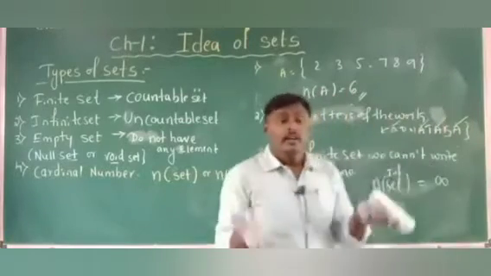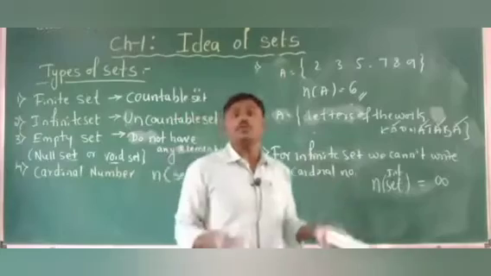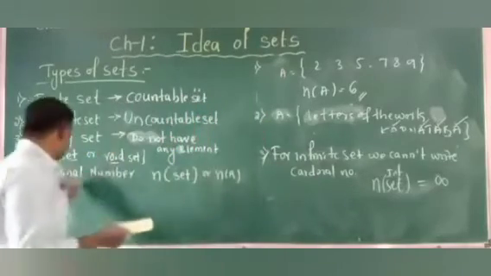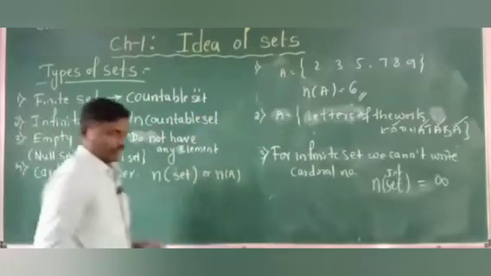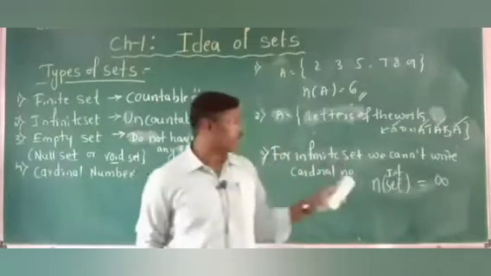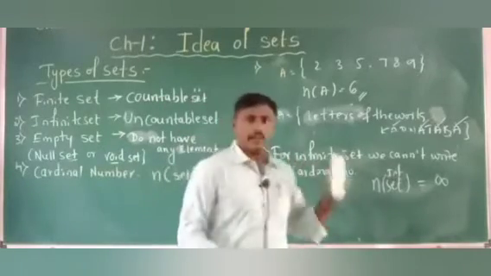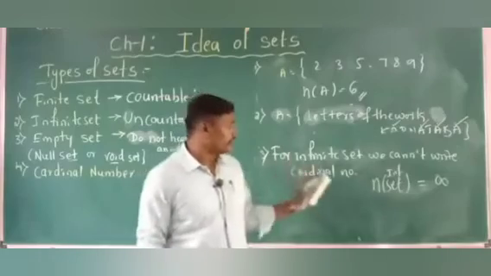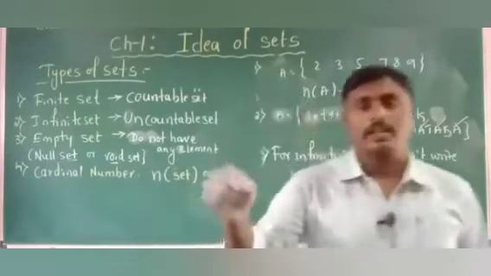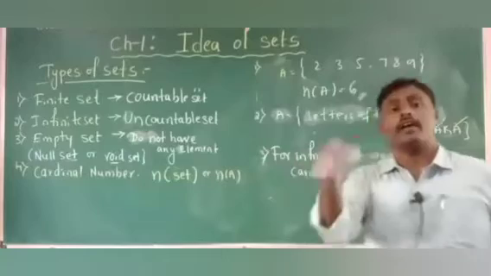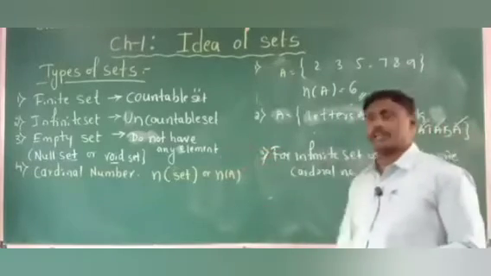Infinity means it is highly impossible to count the number of elements existing in that infinite set. So the third property is that for an infinite set we cannot write the cardinal number because it has an infinite number of elements or members.